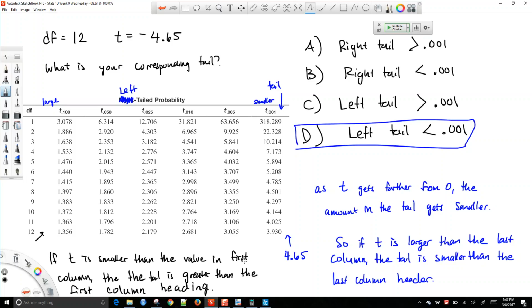Okay, let's do one more slide, and then we'll be done. So far we've been talking about getting our tail areas, either our right tail or our left tail.